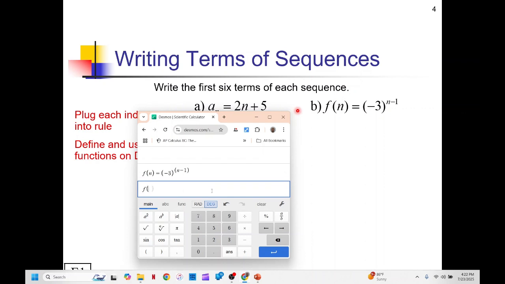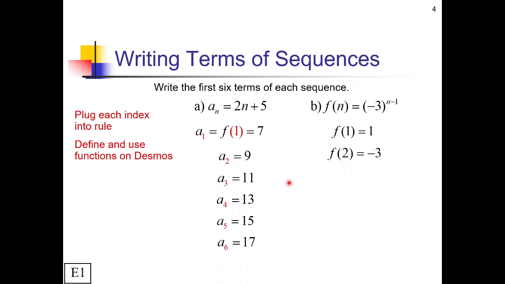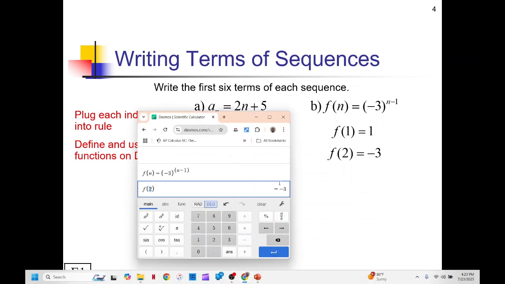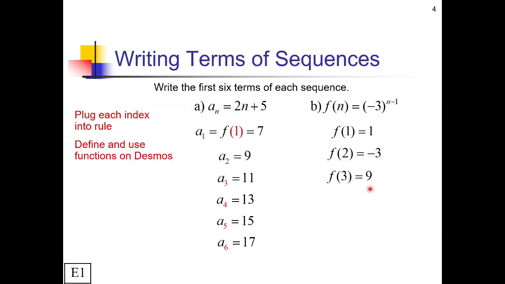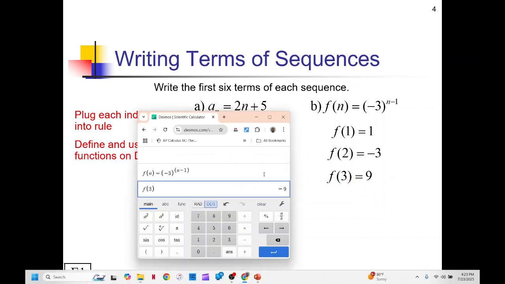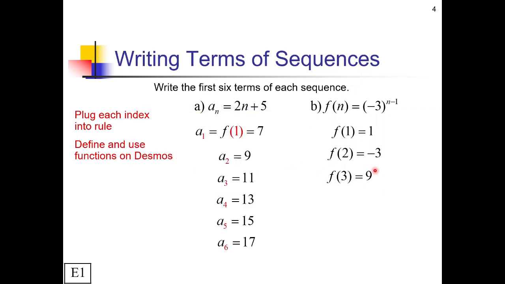So if I do f of 1, that's going to be 1. And f of 2, we've got -3. And then f of 3 is going to be 9. And then f of 4, we've got -27. And you might see the pattern. It's an exponential sort of pattern.